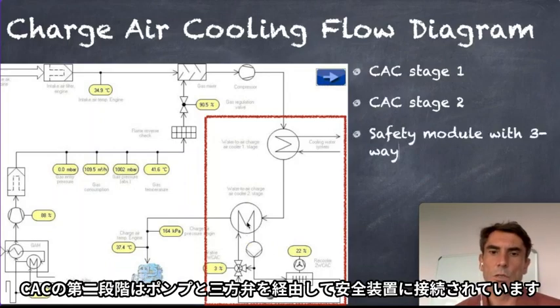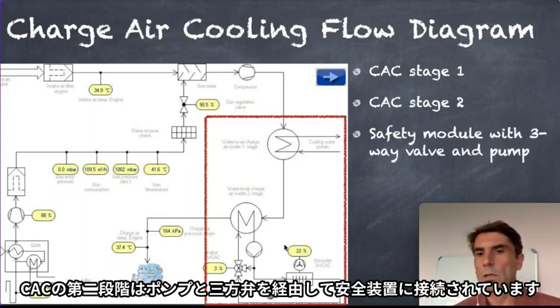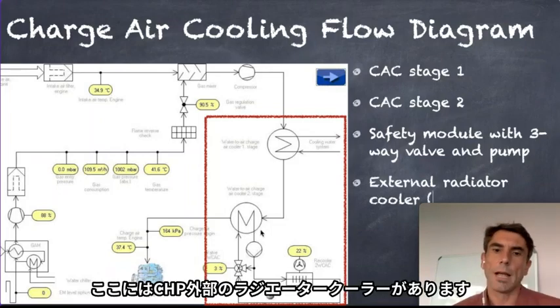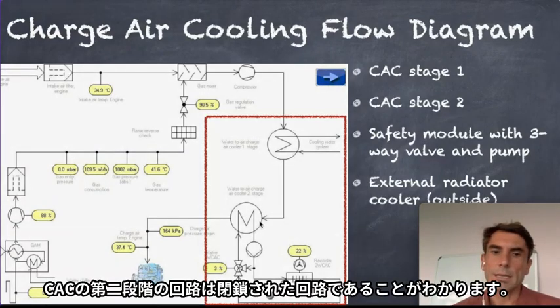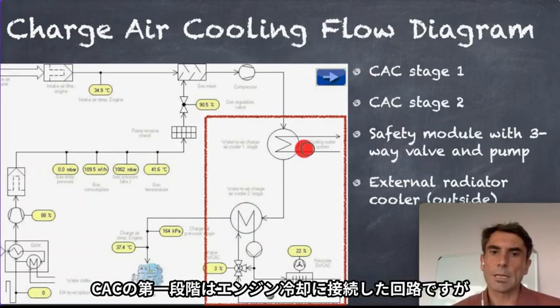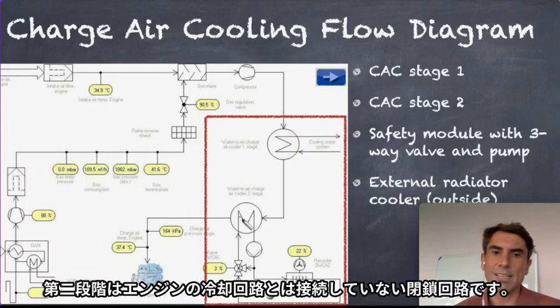The stage 2 is connected with the safety module system, which has a three-way valve and the pump, and an external radiator cooler. So the second stage is a separate closed cycle. The first stage is connected to the cooling system of the engine, but the second one is a separate cycle, which is not connected to the cooling system of the engine.